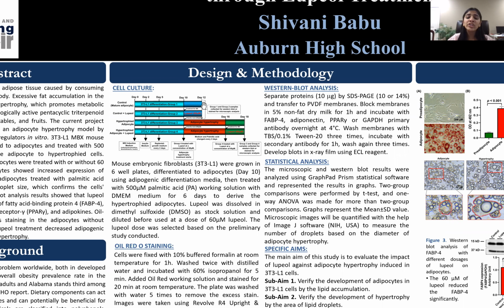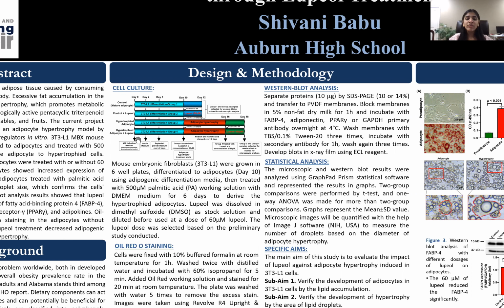After that, groups 1 and 2 for the next 2 days were treated with a treatment. The control was treated with a DMSO treatment, and this was done because Lupeol is dissolved in DMSO, and the Lupeol control was treated with Lupeol for 48 hours.